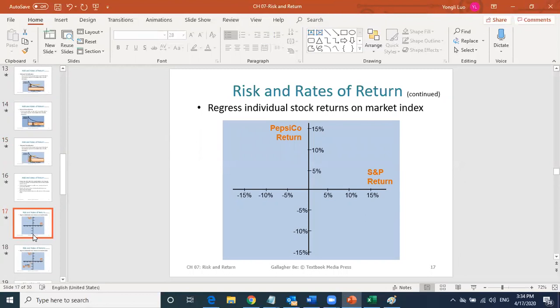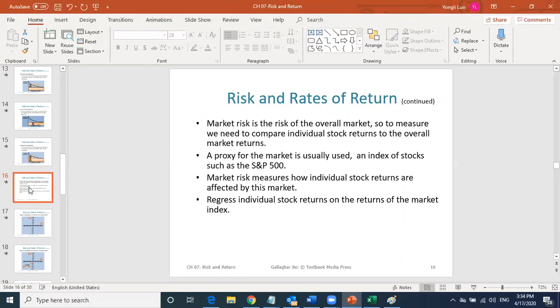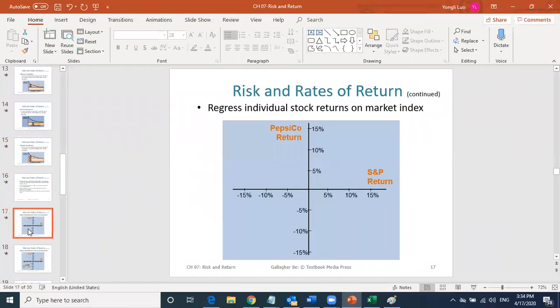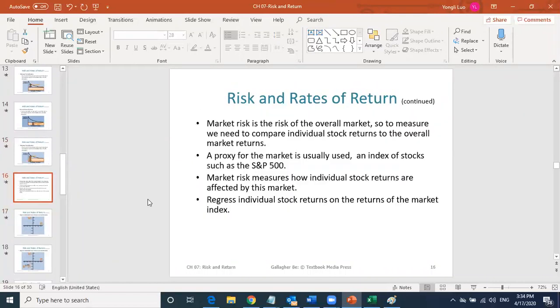Okay, so the risk and return. Another proxy is called beta. The beta is also a measure of the stock risk relative to the general market. How do you measure the market risk of your stock?